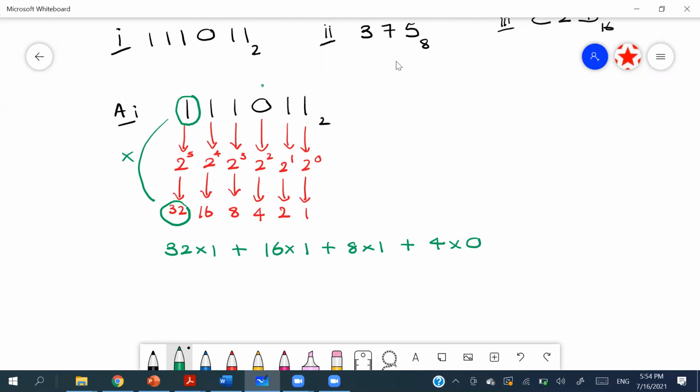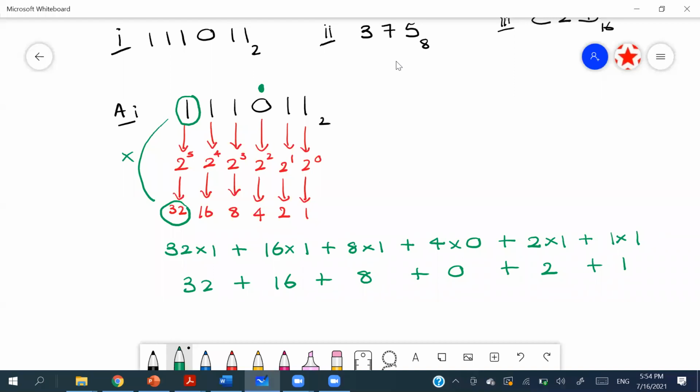It is because we got 0 above the 4, and plus 2 into 1 plus 1 into 1, right? Which is going to give us 32 plus 16 plus 8 plus 0 plus 2 plus 1, right?